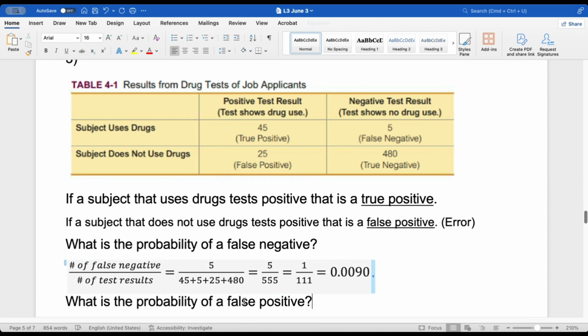0.0090. What's the probability of a false positive? We know the total is 555, so that's our denominator. Now the numerator will be the number of false positives, which was 25.